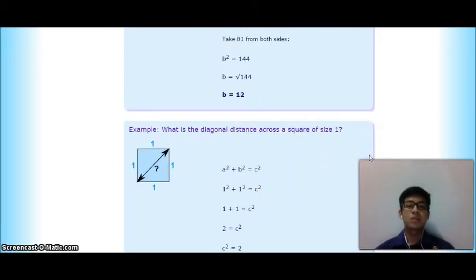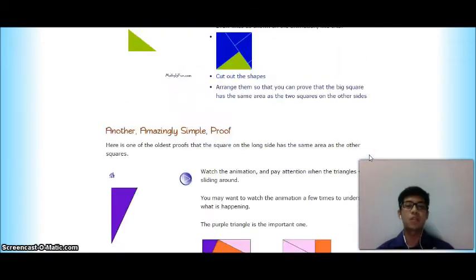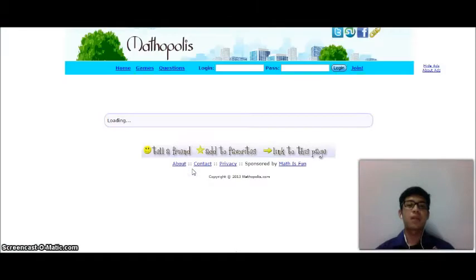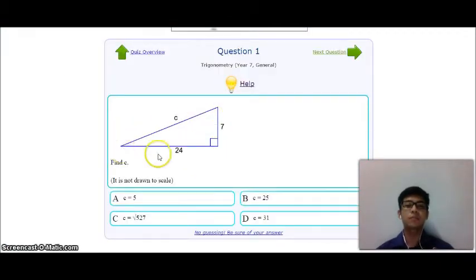Okay, that's all for the examples. Now let us proceed to the question. There is another question with a right angle triangle with side 7 and another side 24. The unknown side is the hypotenuse, indicated by the letter c. As I calculated before, the answer is 25.